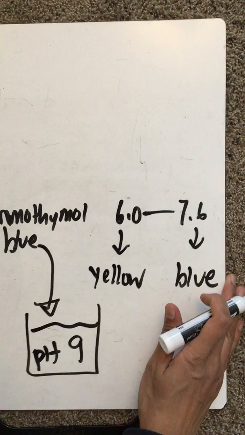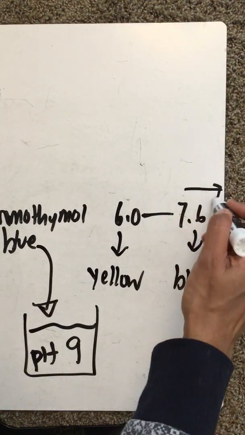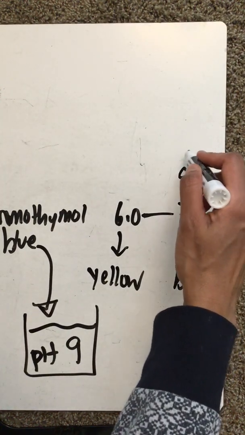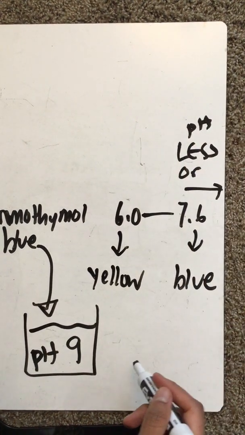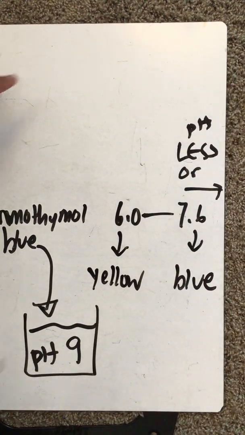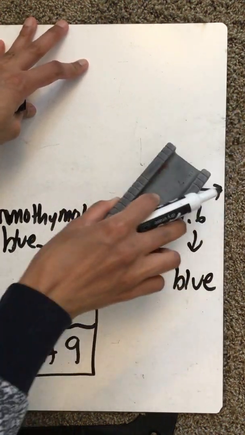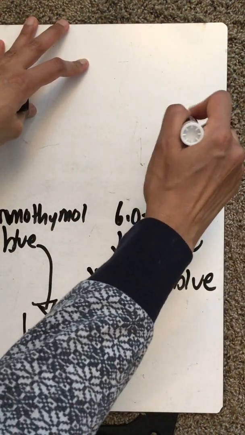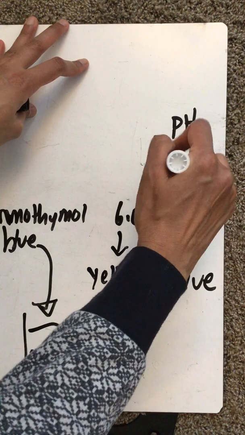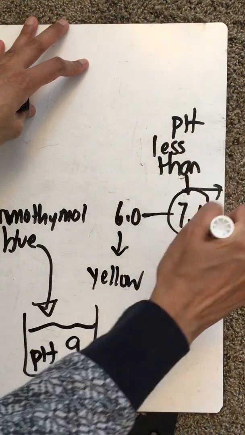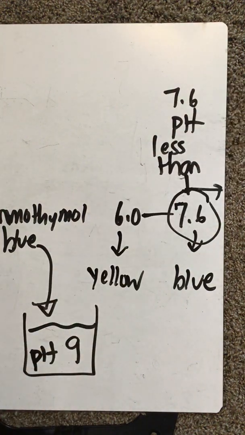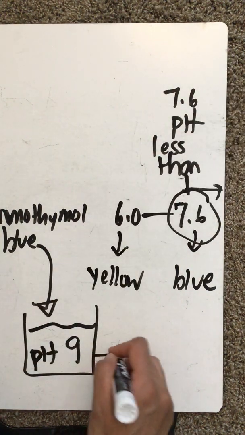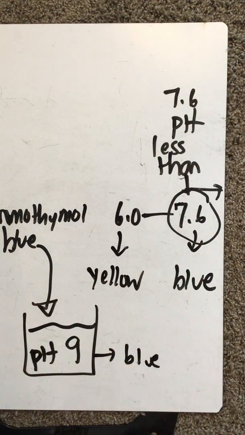Well, this tells you that anything that's 7.6 or more, the pH, if the pH is 7.6 or more, then this is going to be blue.